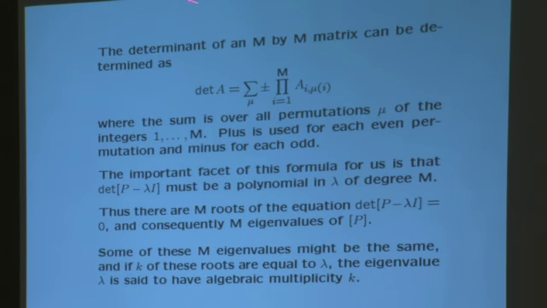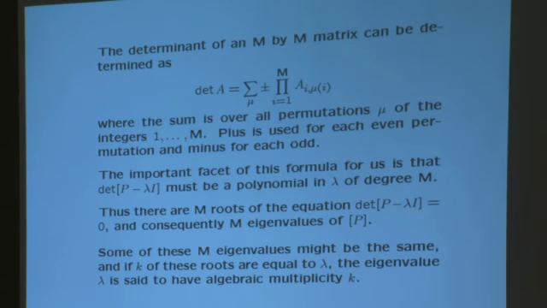Now, what is the determinant of an m by m matrix? It's this very simple looking but rather messy formula which says the determinant of a square matrix A is the sum over all permutations, with a plus or minus sign, which I'll talk about later, of the product from i equals 1 to m, where m is the number of states, of A sub i mu sub i. This is the component in the ij position, and mu is the permutation we're dealing with.